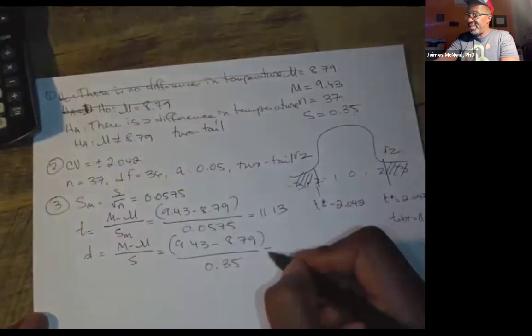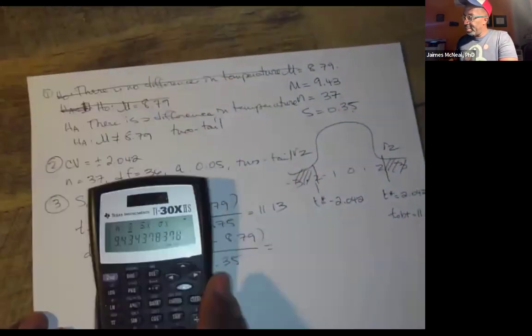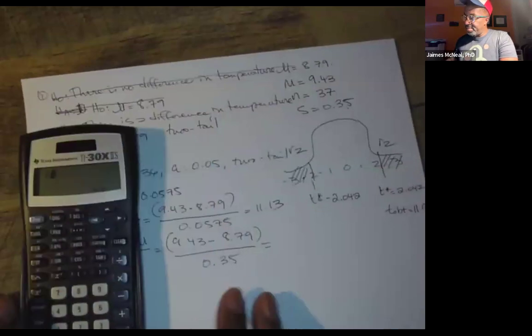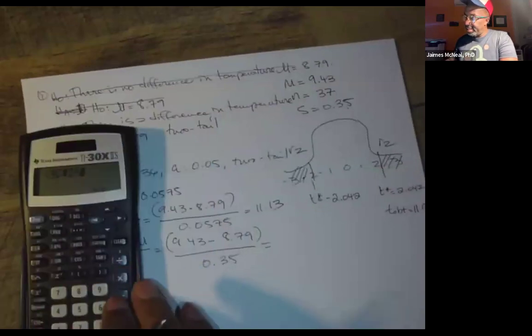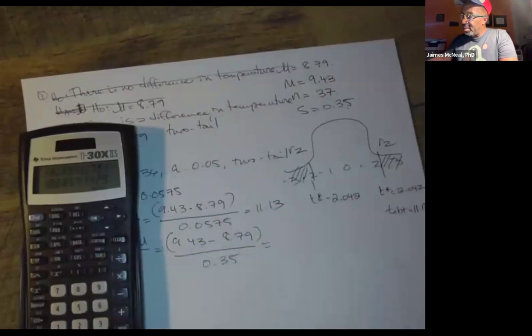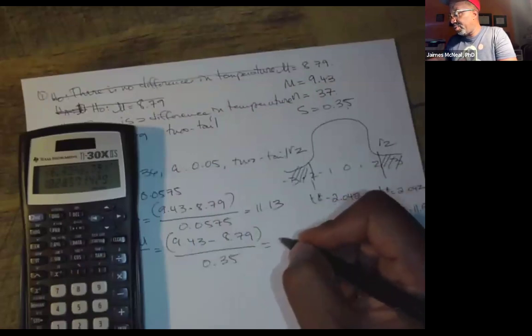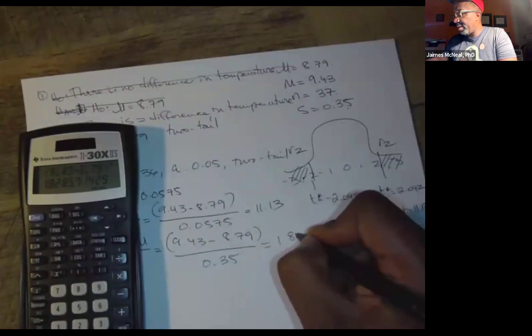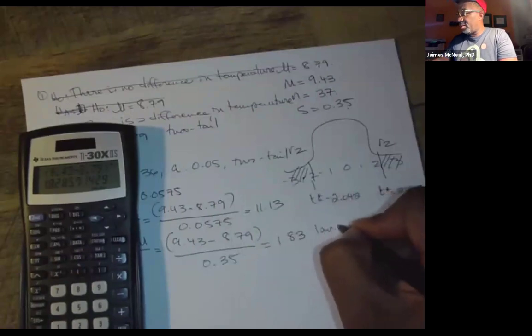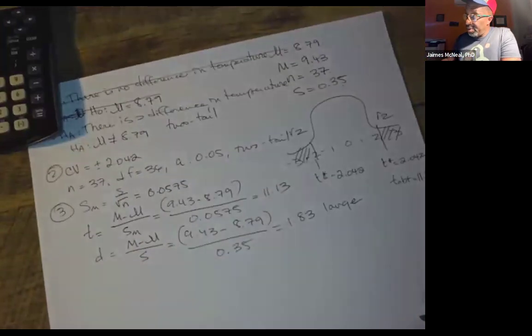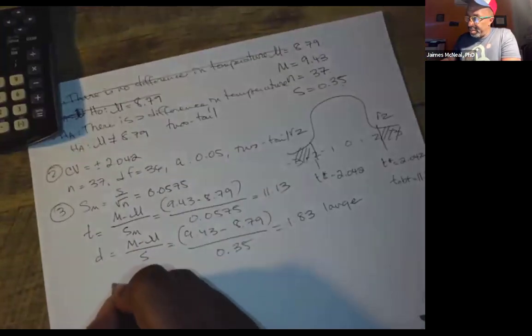All right, so let's figure that out. Again, parentheses, 9.43 minus 8.79, close the parentheses, divided by 0.35. It's 1.828, which we can round to 1.83, which is large. And now let's do our 95% confidence interval.